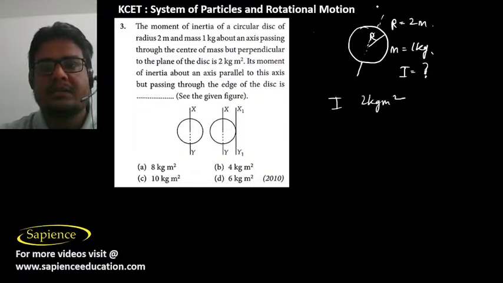So moment of inertia about the axis of the disk, that is 2 kg meter square.